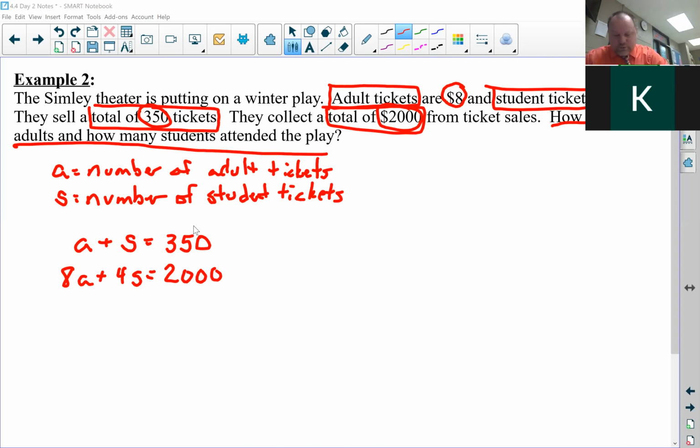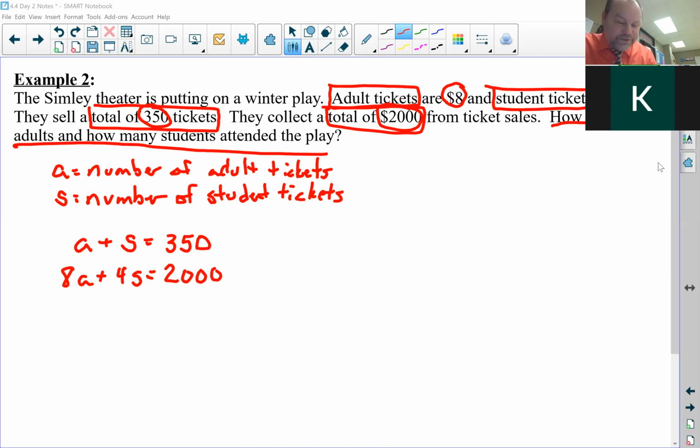Elimination will always work with these systems, but let's try substitution. So I'm going to do it with substitution. If you like to try it with elimination, go ahead, and then we can compare answers when we're done. They should be the same.